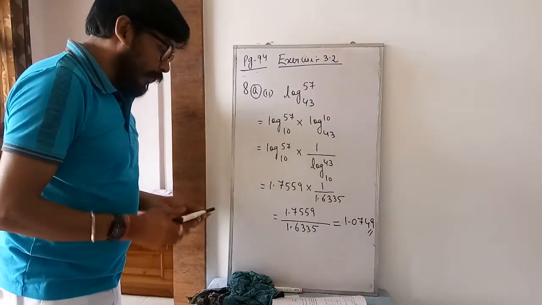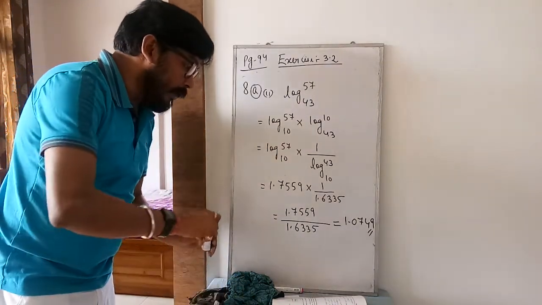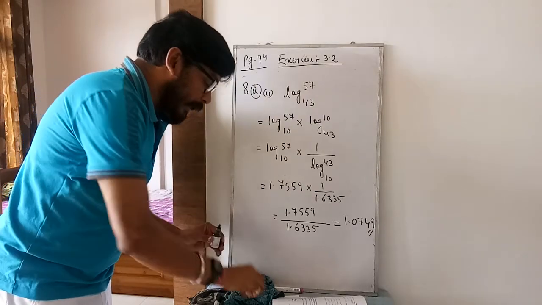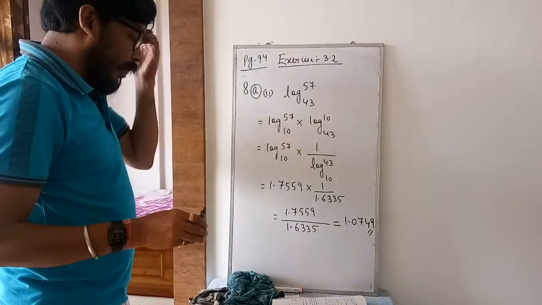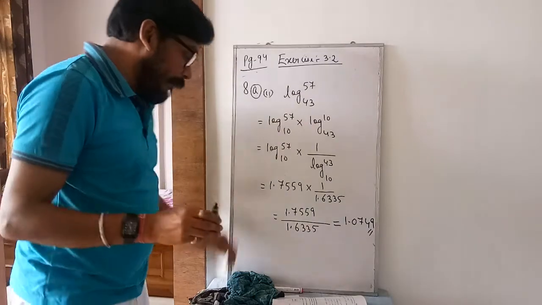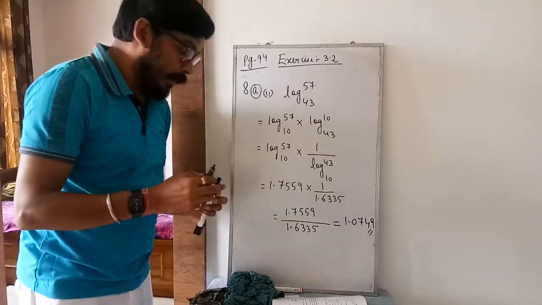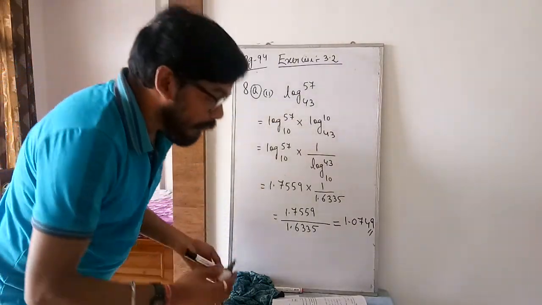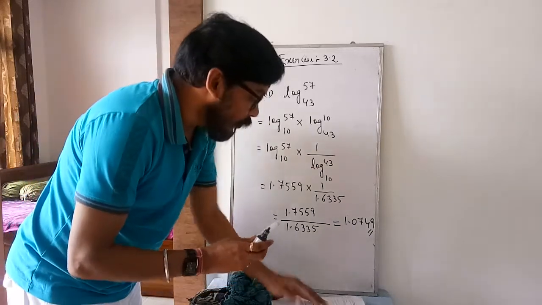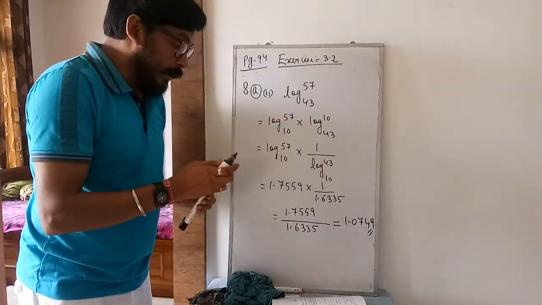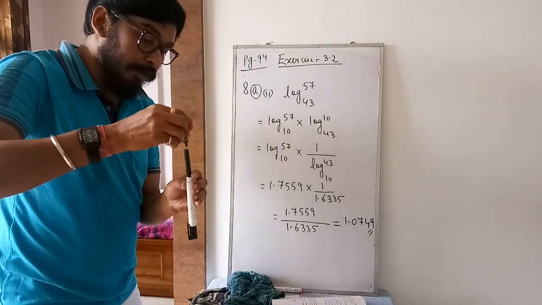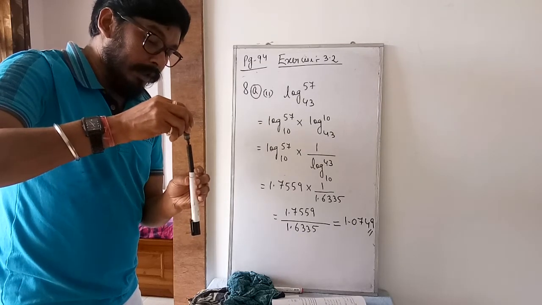Next we will go for question number 8b. In question number 8b, they have given the value of log 165 and log 1181. I have to find the value of the expression. It is a long value, so it will take some time, but I have to do the sum by using these values only.